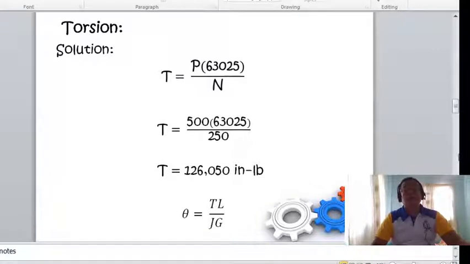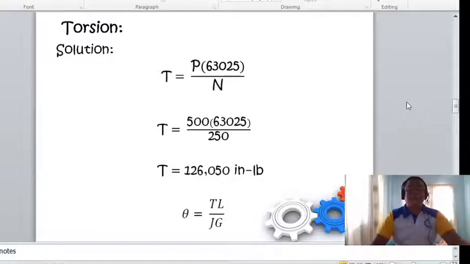Torque equals power multiplied by 63025 over N. Take note, class, that the given is in English units, so that's why we use that formula. Substituting values, 500 multiplied by 63025 divided by 250, the torque now is 126,050 in-lb.